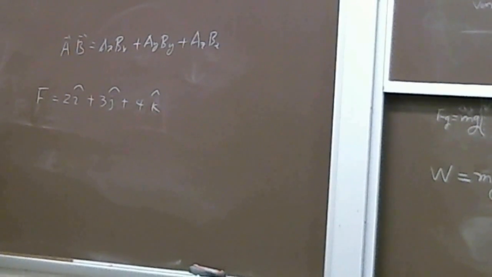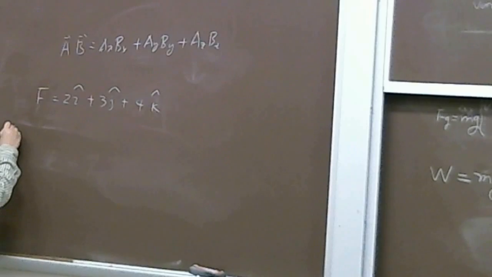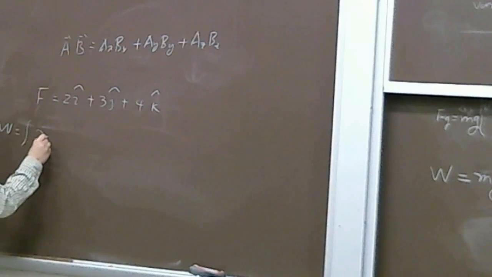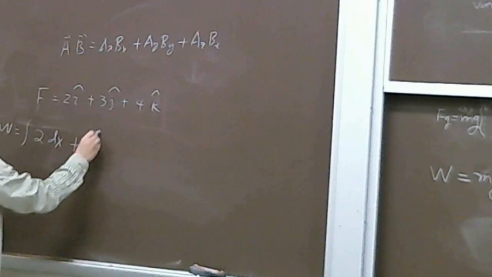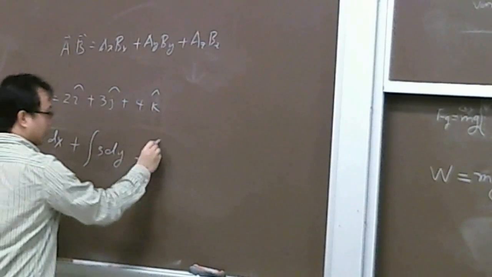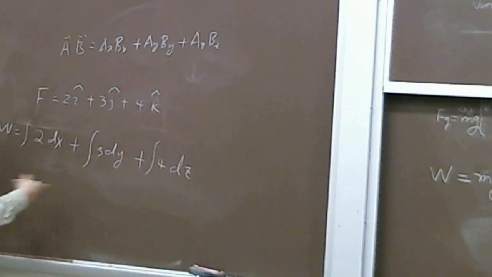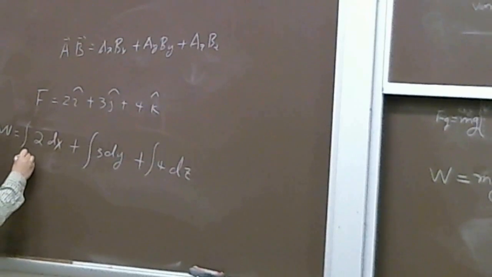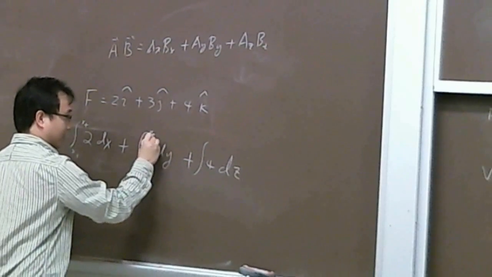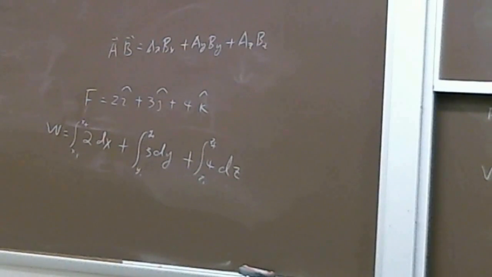If I integrate it, the work would be Fx, which is 2, integrate dx, plus Fy, which is 3, dy, plus 4 dz. And of course, for each of them you have your initial position x initial, x final, y initial, y final, z initial, z final. So it will give you this kind of integral.